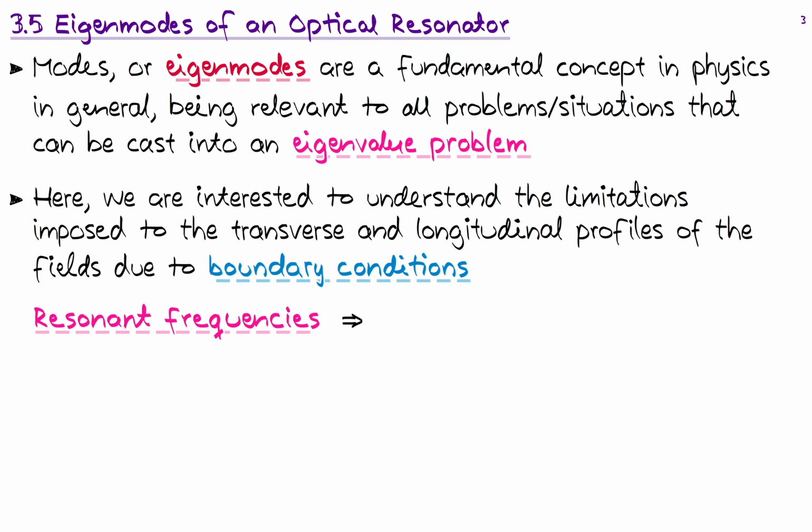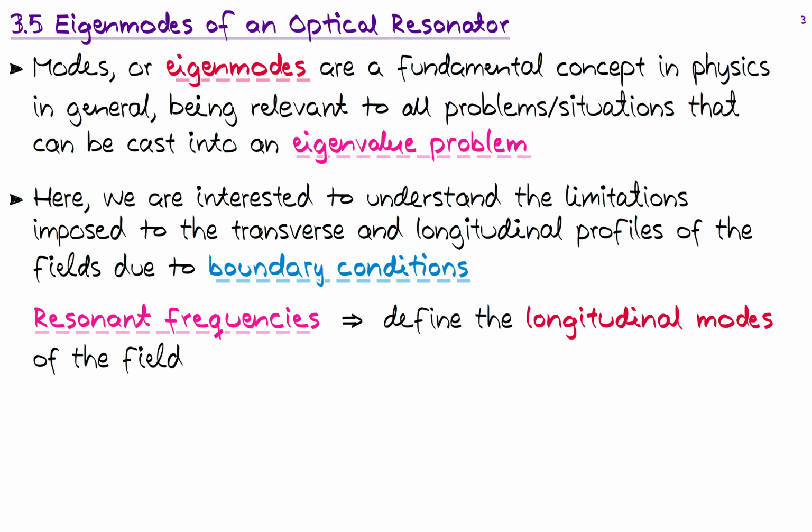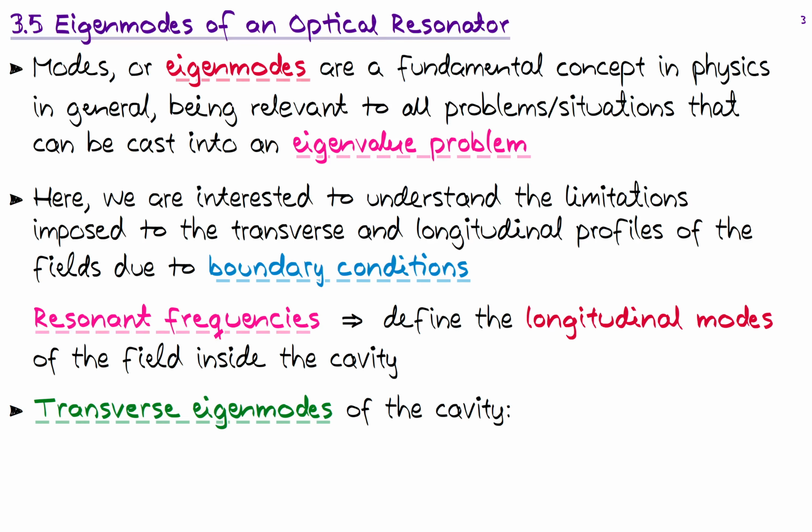Resonant frequencies basically define the longitudinal modes of the field inside the cavity. So that's one thing. The second thing is that we can also have transverse eigenmodes of the cavity. These correspond to different kinds of solutions of the paraxial equation that we will be covering soon.